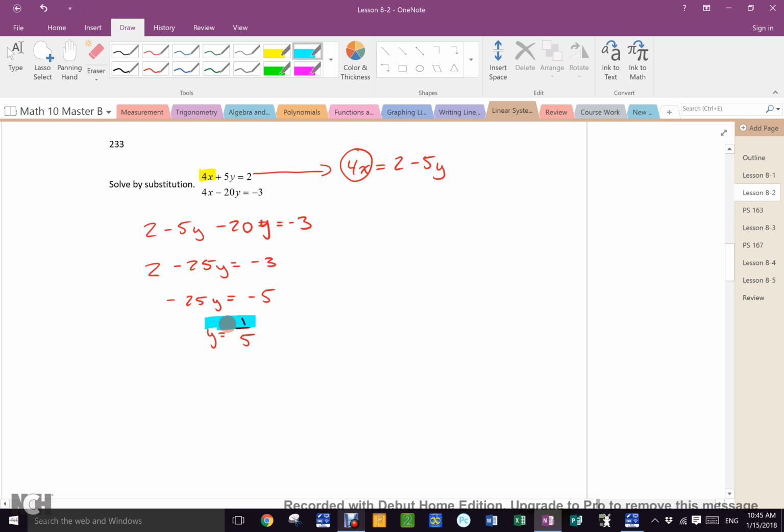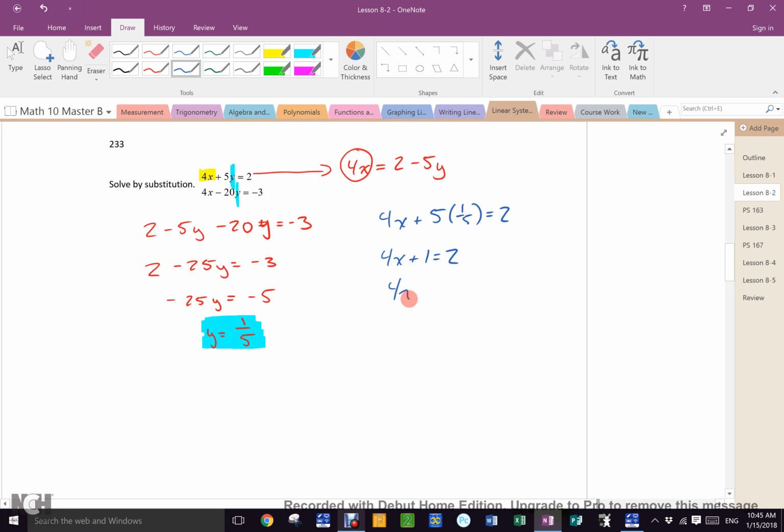If that's what y equals, what could I put there or there? 1/5. So that first one, 4x plus 5 times 1/5 equals 2. What's 5 times 1/5? 1. 4x plus 1 equals 2.